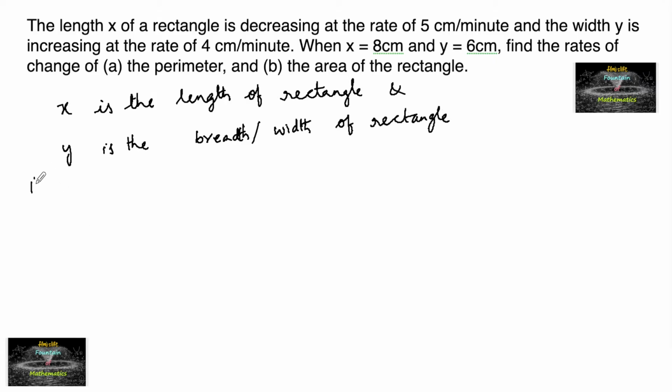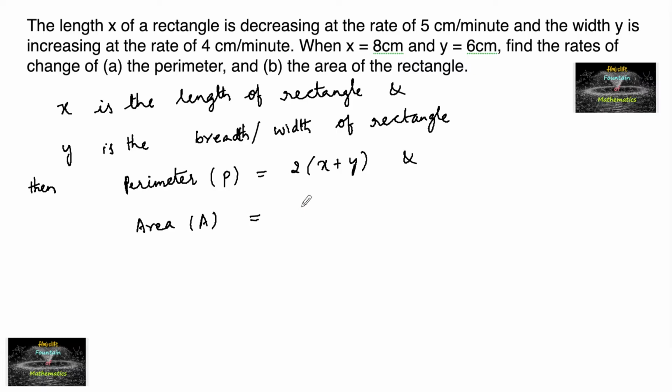So then we have perimeter, and let's take perimeter as P. Perimeter P is equal to 2 times (x plus y), and let's take area as capital A. Area A is equal to x into y.